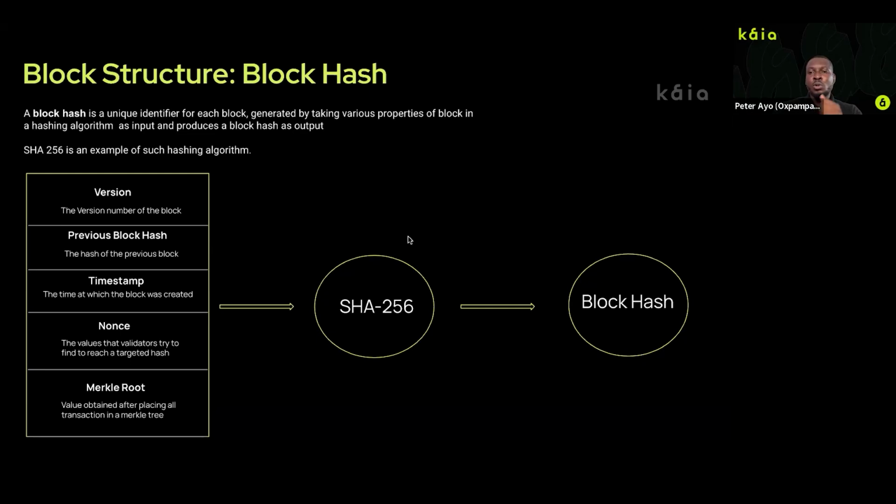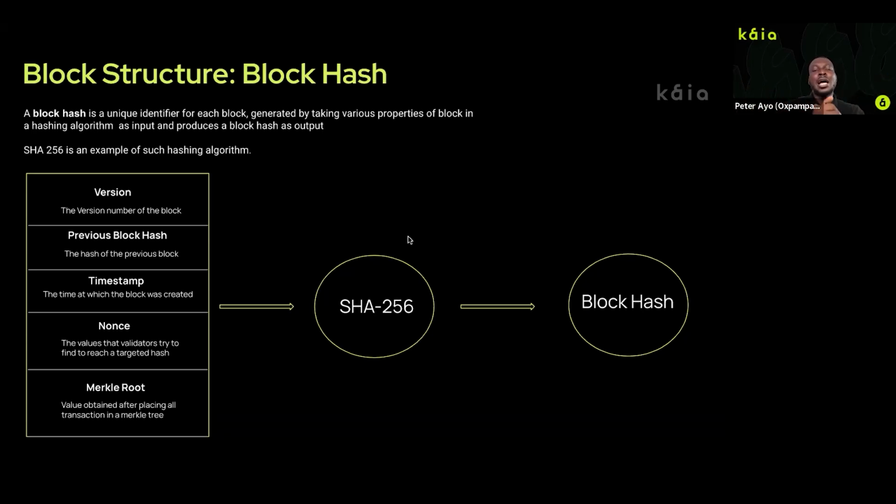For those who don't know, a hash function is a mathematical algorithm that takes in any large amount of input and returns a fixed amount of output, right? We're still going to look at this in the slides where we talk about hash functions. For the most part, the block hash is how security is maintained on the blockchain.